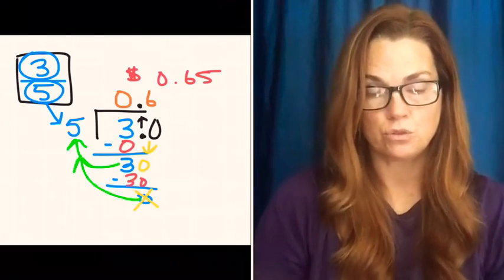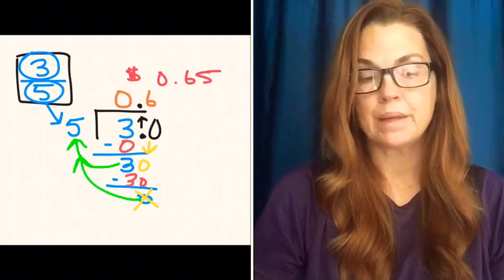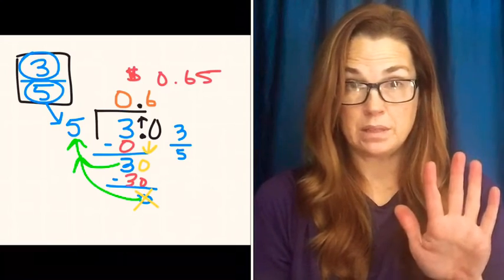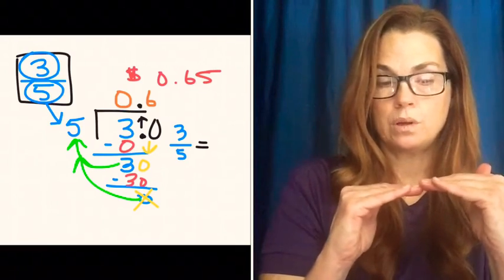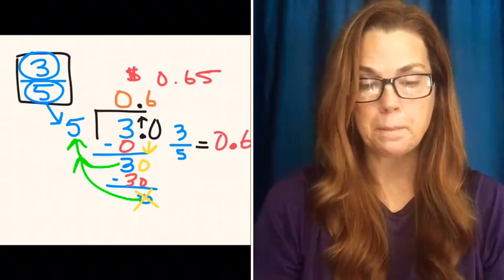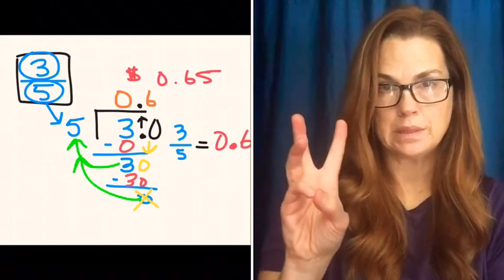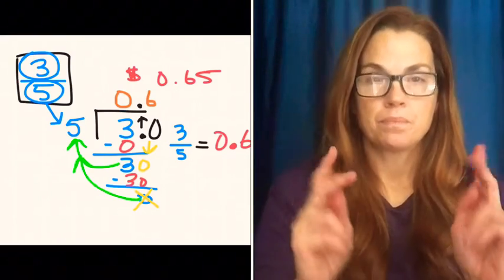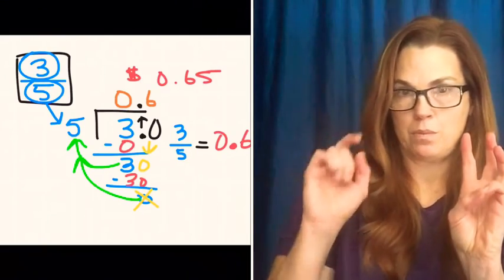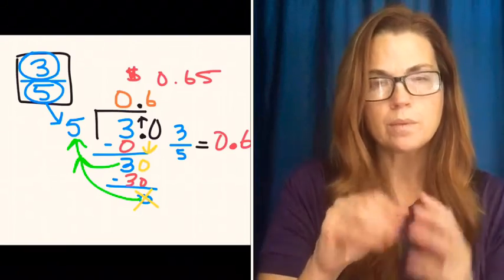So my decimal equivalent to the fraction 3/5 is the same, or equivalent, to the decimal 0.6. Now, I have 0.6 and I have 0.65. Which decimal is larger? Well, if you remember, the absence of a value is 0.